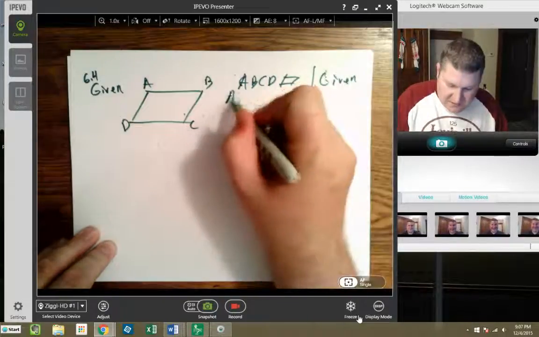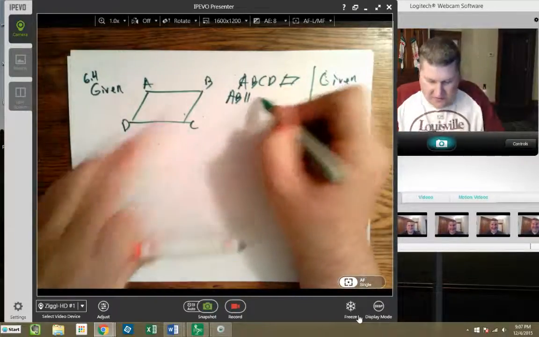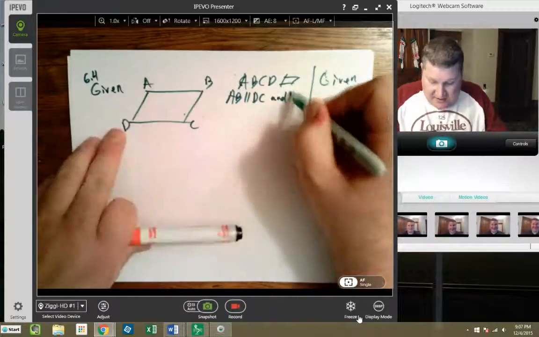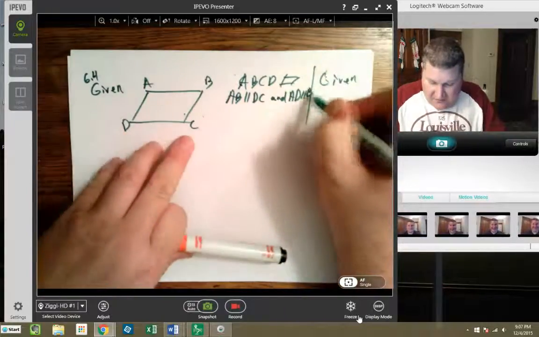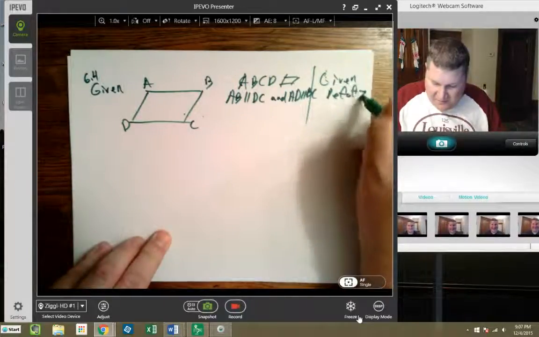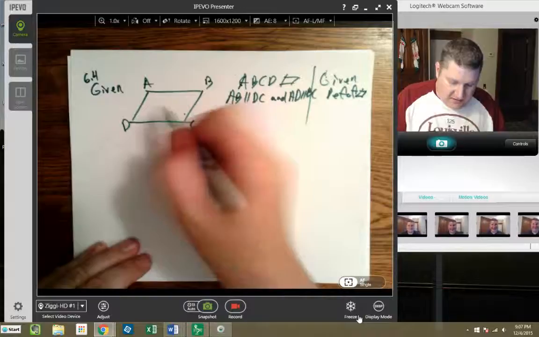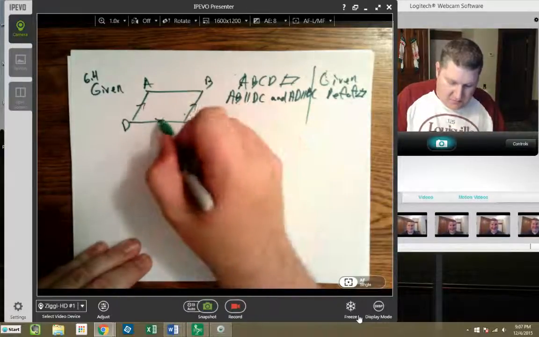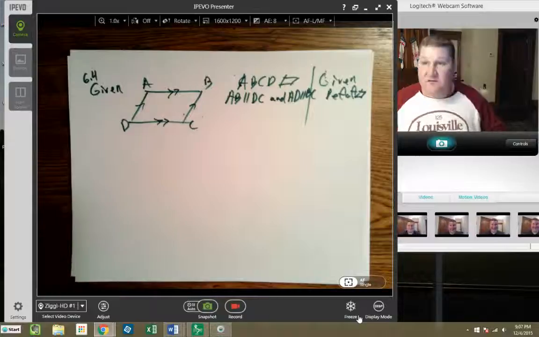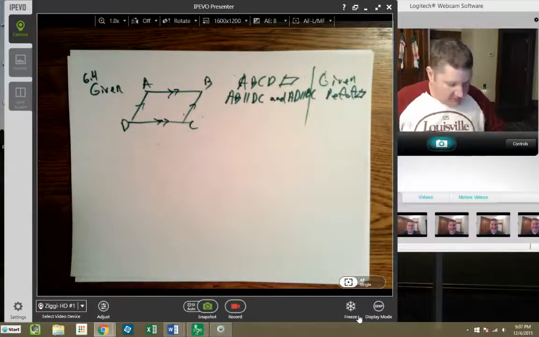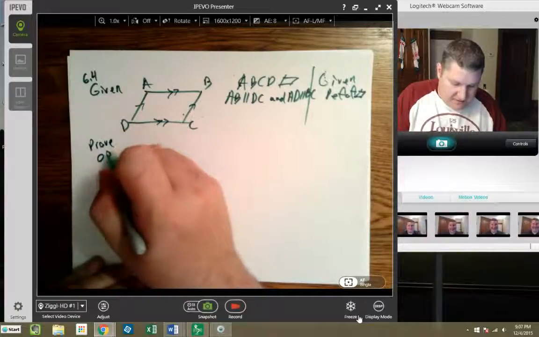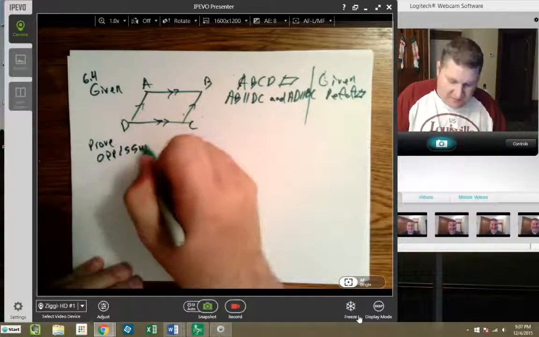We know that AB parallel to DC and AD parallel to BC. That's by definition of parallelogram. Now, we want to prove that opposite angles are congruent, or supplementary.